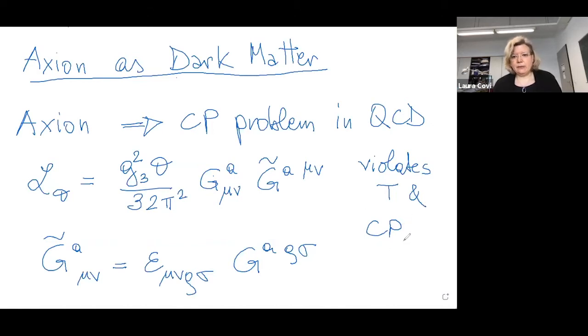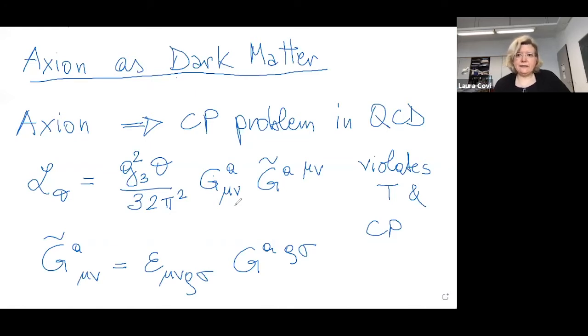Similarly, you can argue about the CP properties, and you can find out that it also violates CP. At the end, of course, CPT is conserved in total for this term, but the single symmetries T or CP are violated. If you want, you can see that it violates CP also because if you had F mu nu with the electromagnetic field, this would correspond to a coupling of the electric field with the magnetic field.